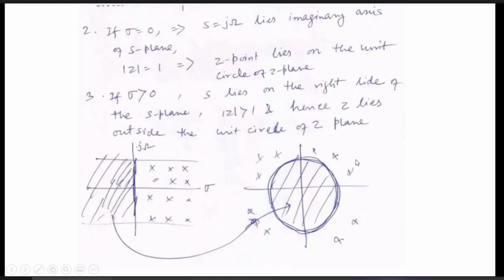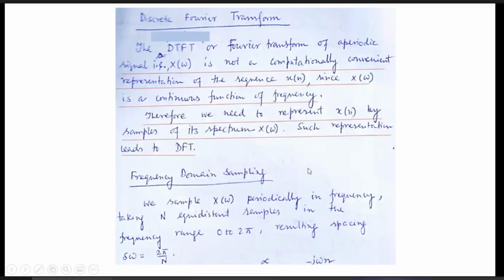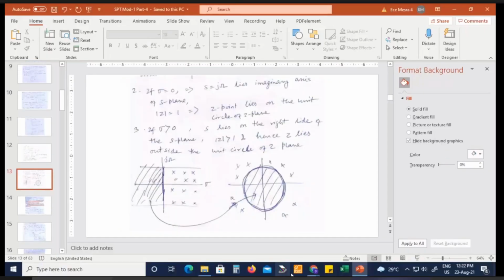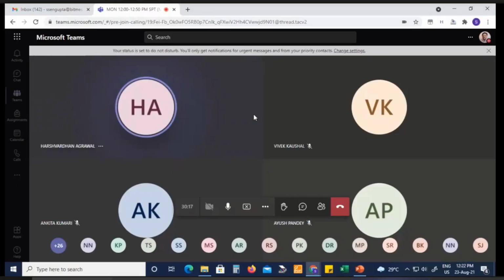Okay, so this is the relation. So is it clear? Please respond, anybody? There are lakhs of people, or 99%, they are all people. Anybody else?